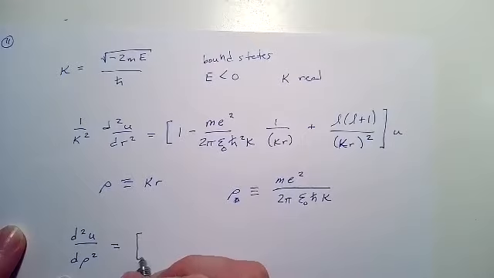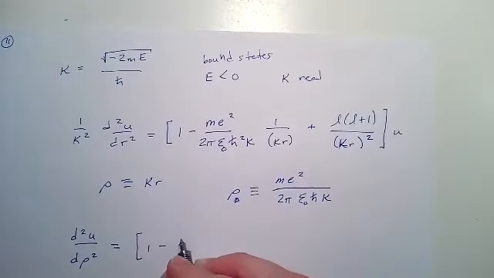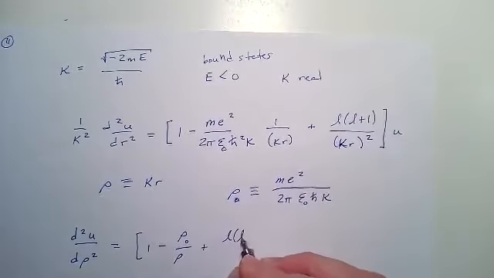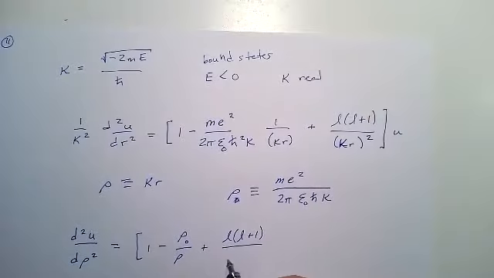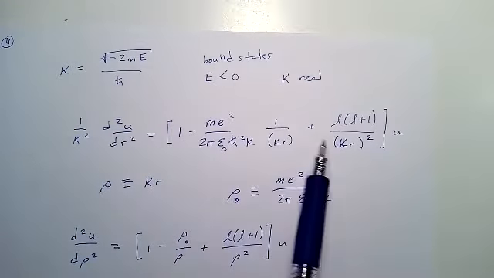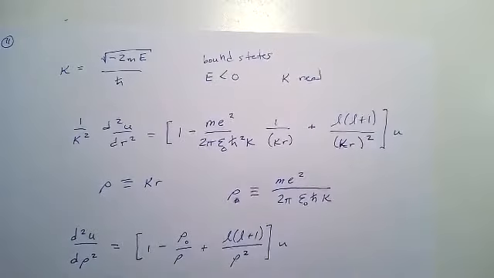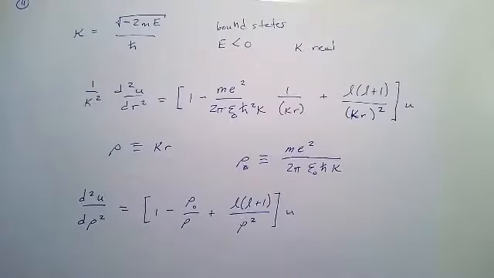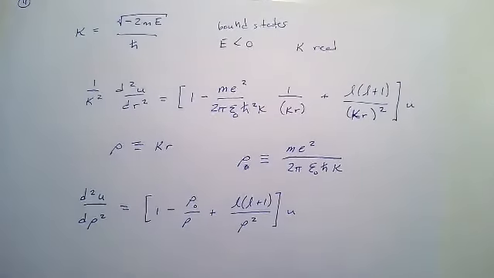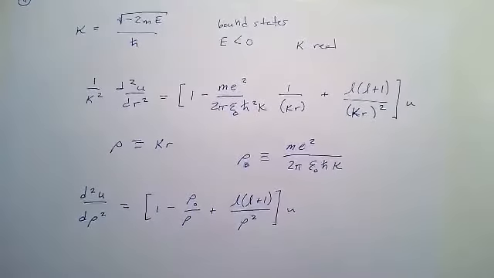And we're going to have a 1 minus rho naught over rho plus L times the quantity L plus 1 over rho squared, and all that times u. So that just let us condense a lot of this stuff up here into just a couple of variables down here. And hopefully that will make our solving that differential equation a little bit easier.